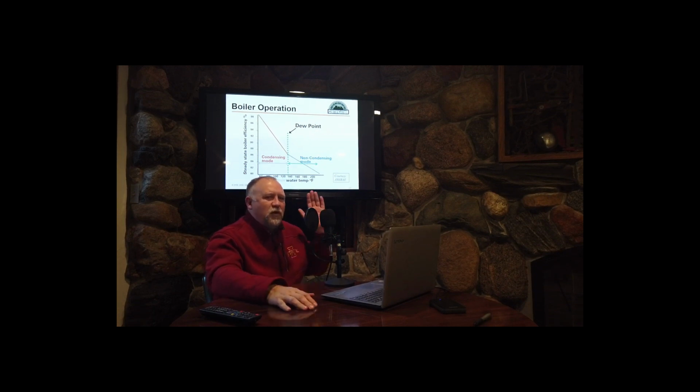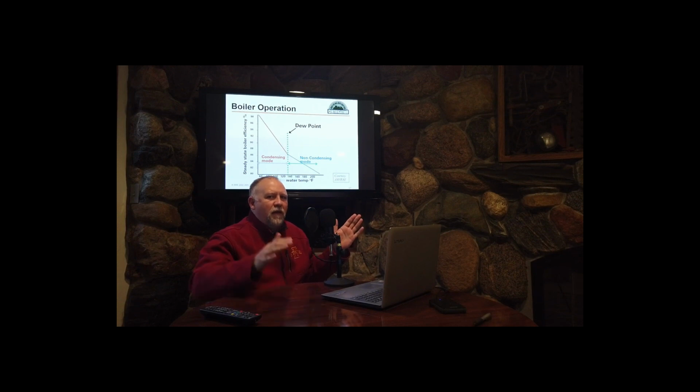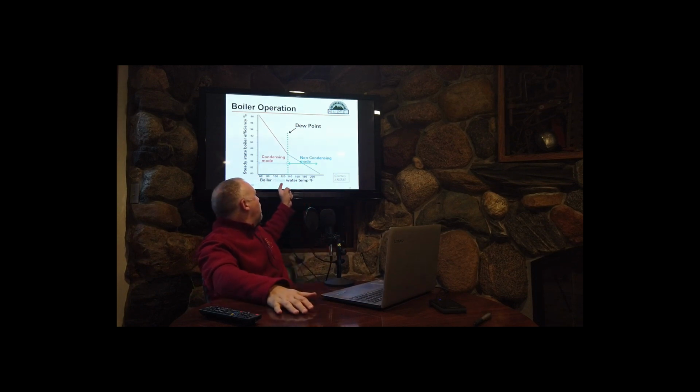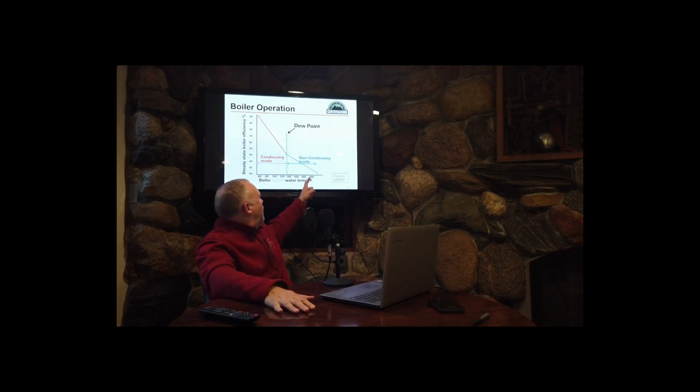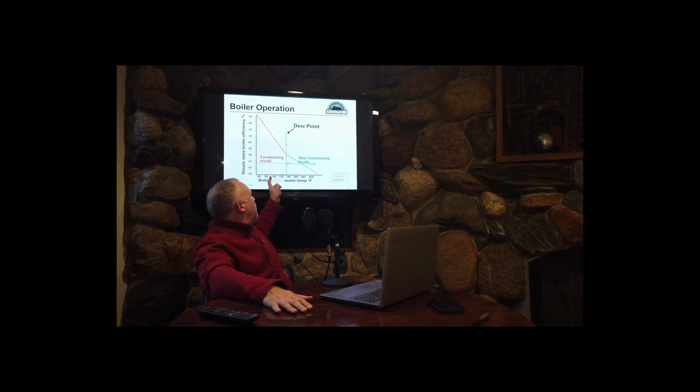It is the temperature of the fire on one side versus the temperature of the return water on the other. The cooler this return water is, the greater the delta T across the coil and the greater the heat transfer. In other words, if that return water is cooler and cooler and cooler, I will get greater efficiency out of it.